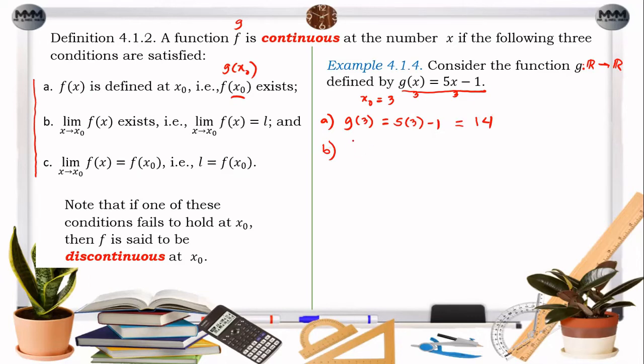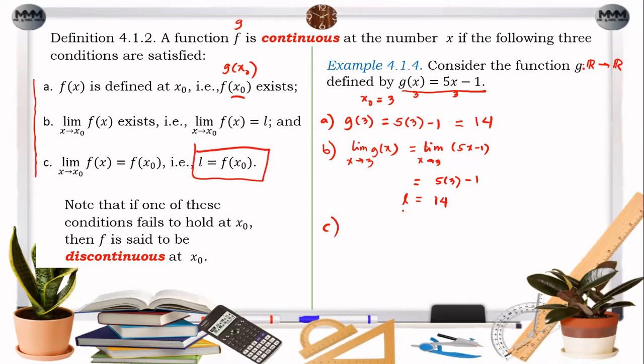For the second condition, we have the limit of g of x as x approaches 3, which is equal to the limit of 5x minus 1 as x approaches 3. This is equal to 5 times 3 minus 1, which is also 14. So this is our L. Now for the third condition, we will show that L is equal to g of 3.